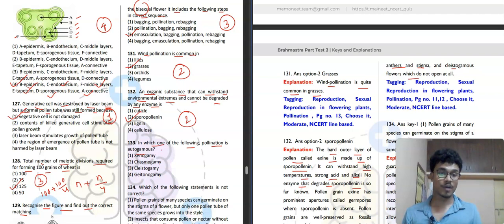These cleistogamous flowers do not open at all. That's why the pollination is autogamous in this kind of flower. Third option will be our correct answer. They don't need any agents for pollination. They have assured seed sets as well.